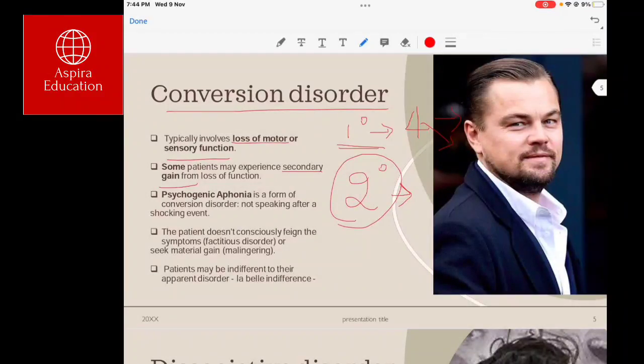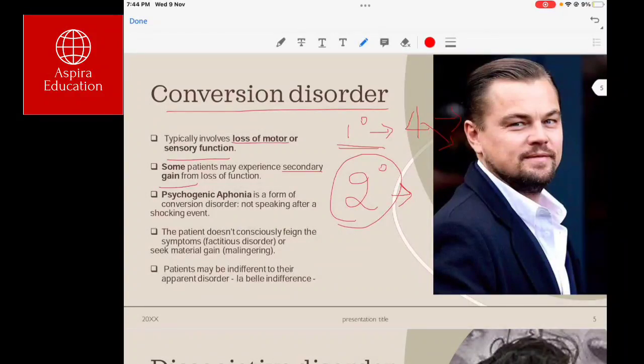That is, a 25-year-old female started having an argument with her newly wed husband, and they keep shouting. They were throwing objects. Suddenly the female partner stopped talking. She is able to move her mouth, but there is no voice production.